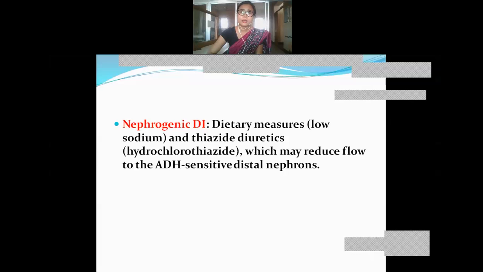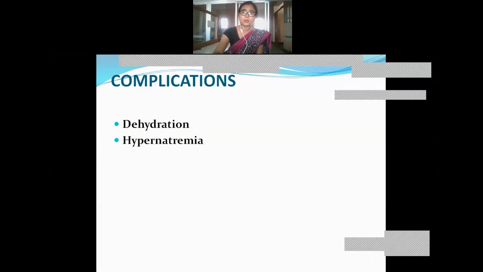Nephrogenic DI: dietary measures like low sodium and thiazide diuretics like hydrochlorothiazide, which may reduce flow to the antidiuretic hormone, and this will increase the sensitivity in the distal nephron. Complications include dehydration due to polyuria and hypernatremia due to excessive water loss.